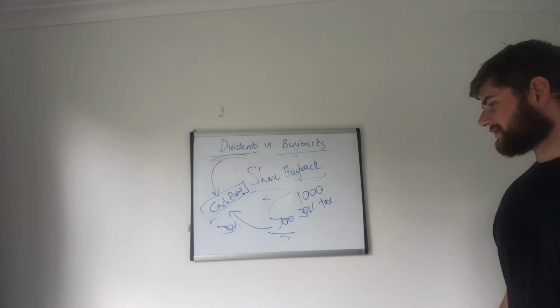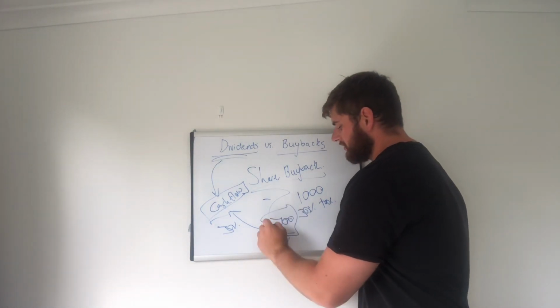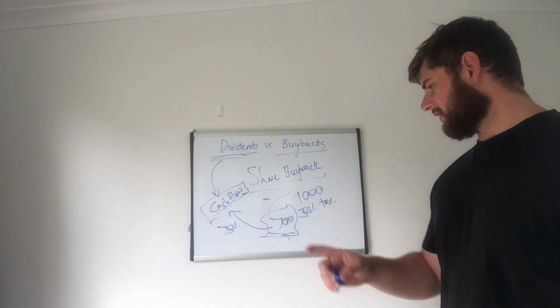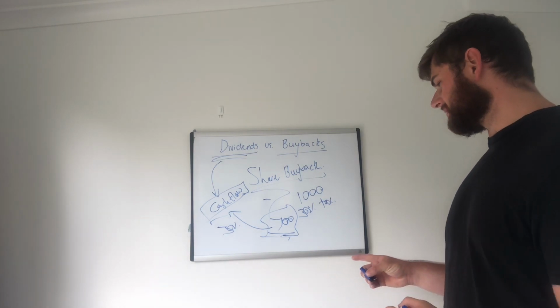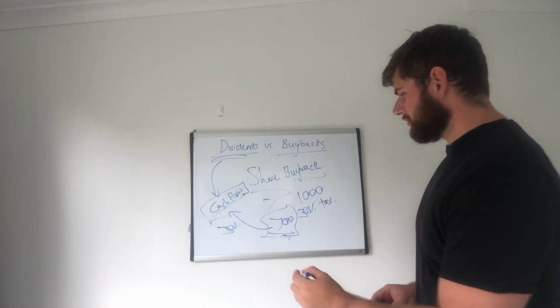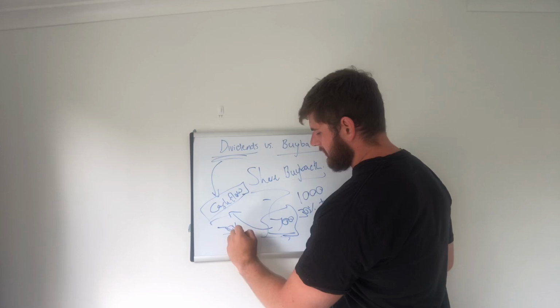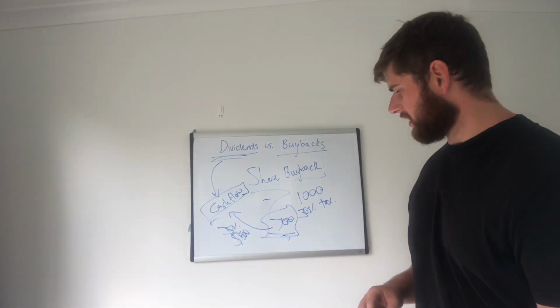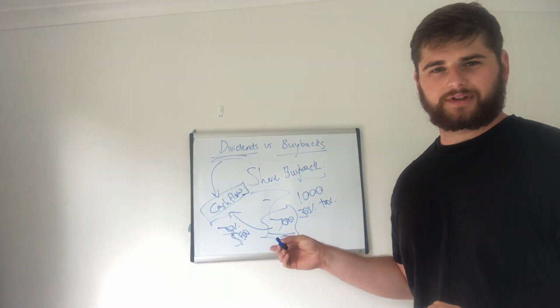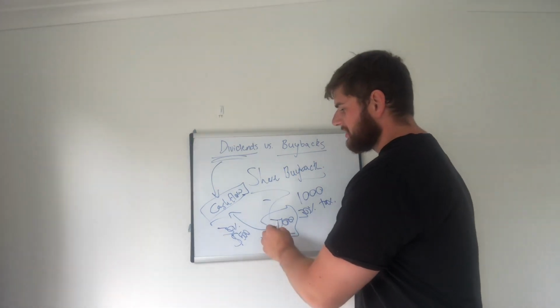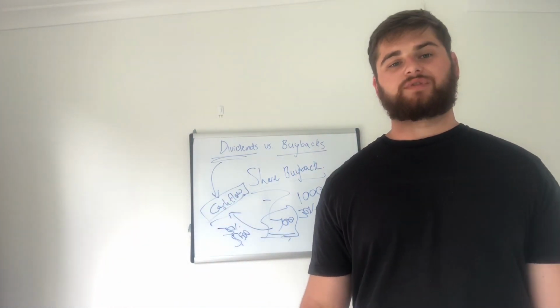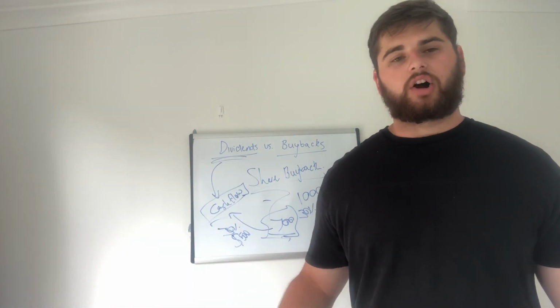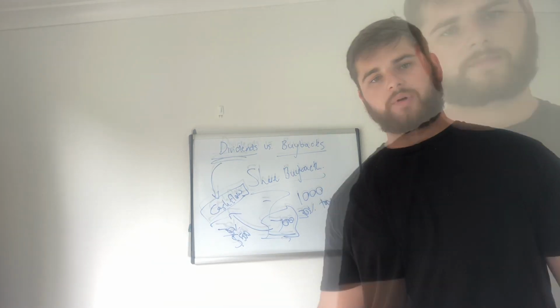Again, that's going to chop that $700 right down, and I can't do the maths off the top of my head, but I think it drops to roughly $500. I may be wrong there, don't take my word for that figure. But essentially there's going to be a double tax situation, and that's really the main downside of a company paying a dividend versus a share buyback.